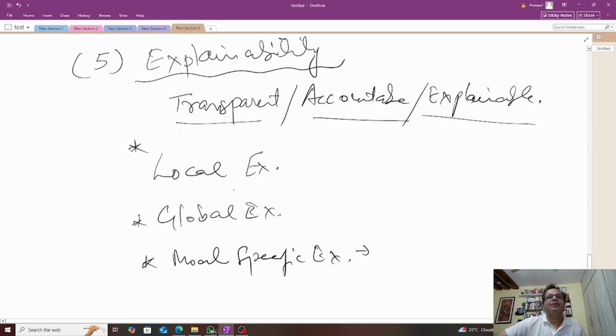The difference is that local explainability means that if the model has given a decision that Praval will not get his loan, or Praval can only get a loan of say 1 crore, not more than that, there needs to be some kind of explanation given by the machine, the model, as to why that particular decision has been made in this particular instance. So it is for an instance.